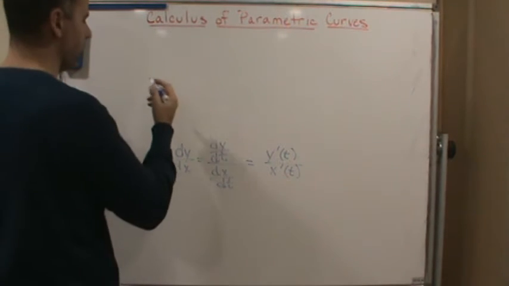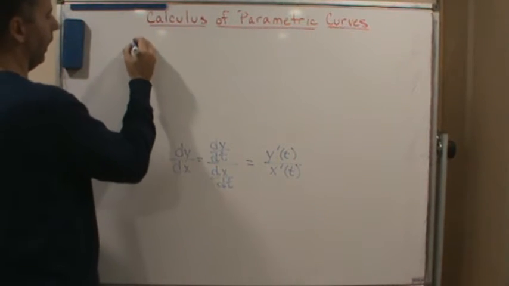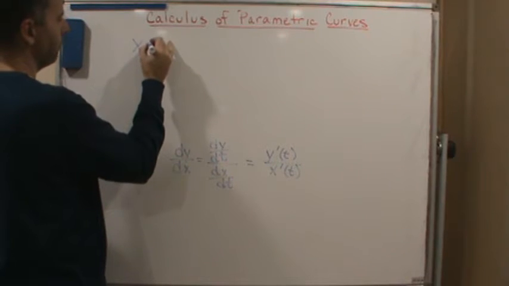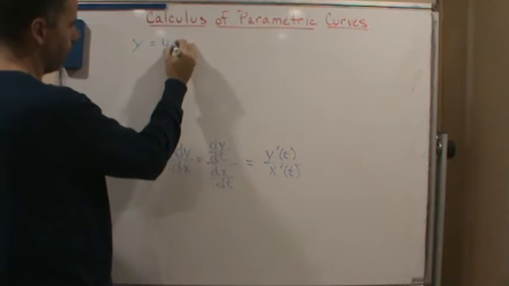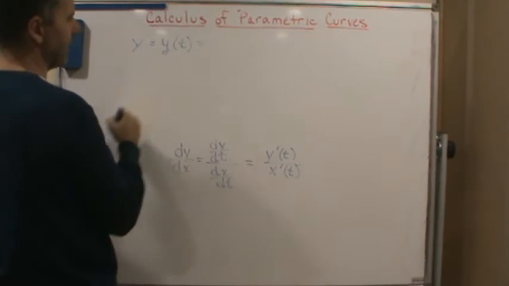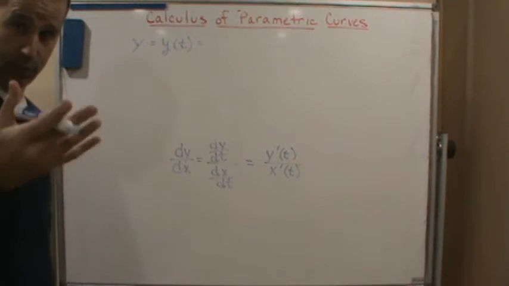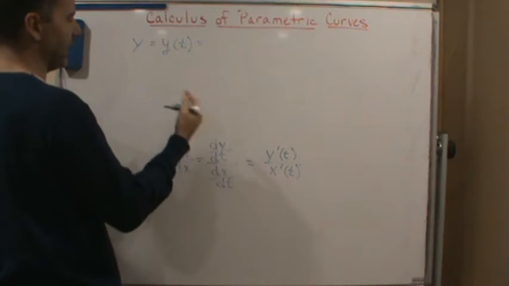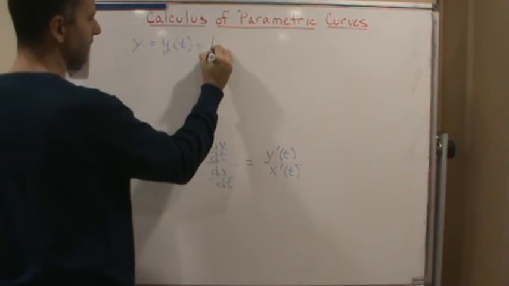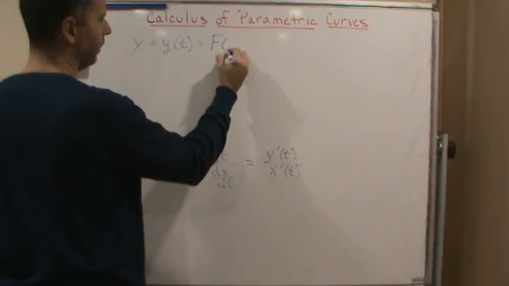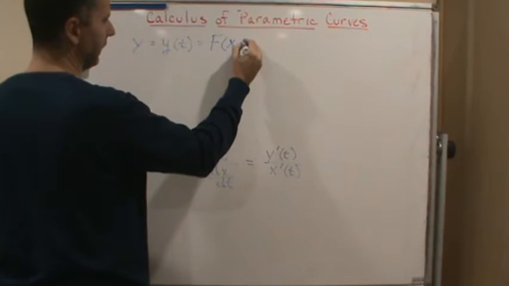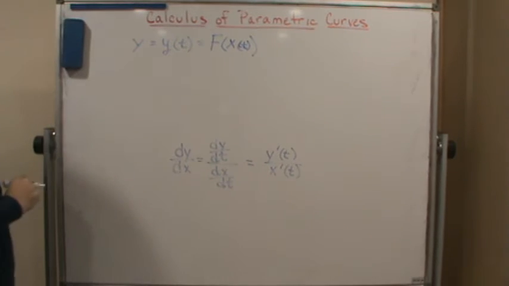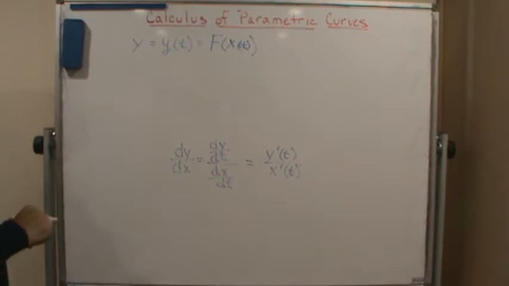In other words, we're going to say that y, which is equal to y of t, by substitution, and again, we've done examples of this, we can eliminate t. In other words, let's say this is going to be a function of x of t. Okay, so we're going to start with that.